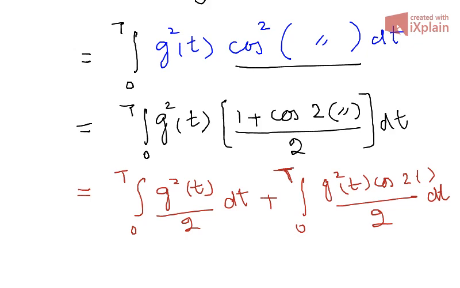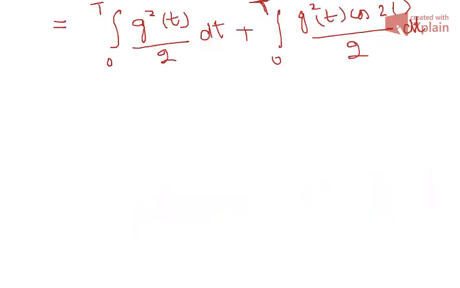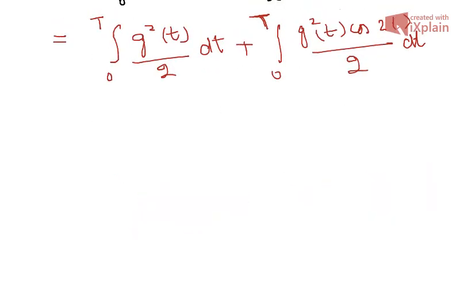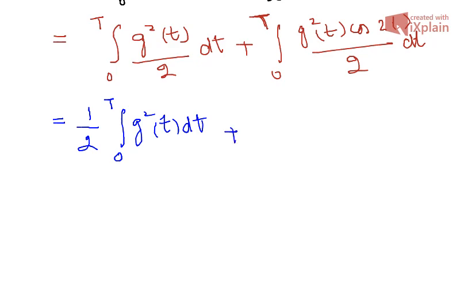Now let me solve it further. From here you can see that the first term is half the integral from 0 to T of g squared of t dt.